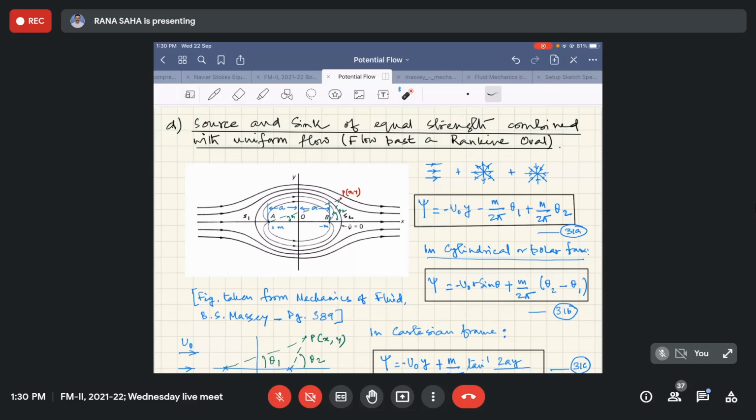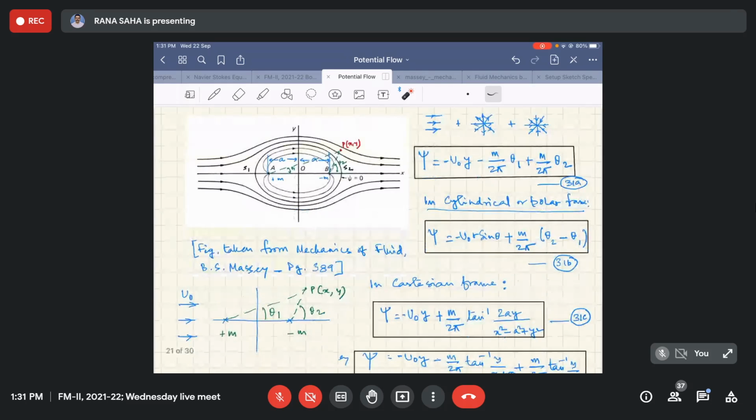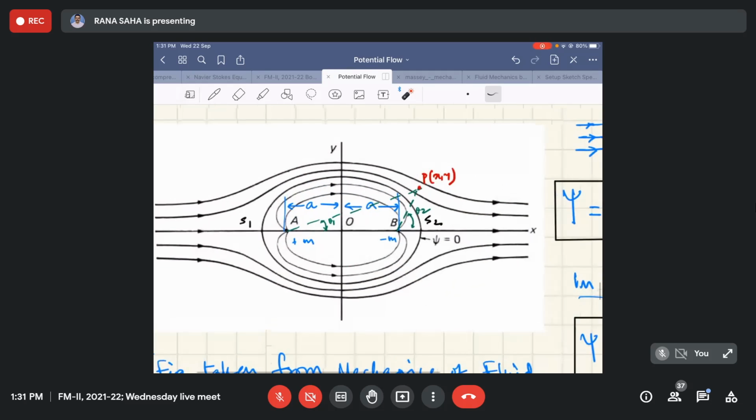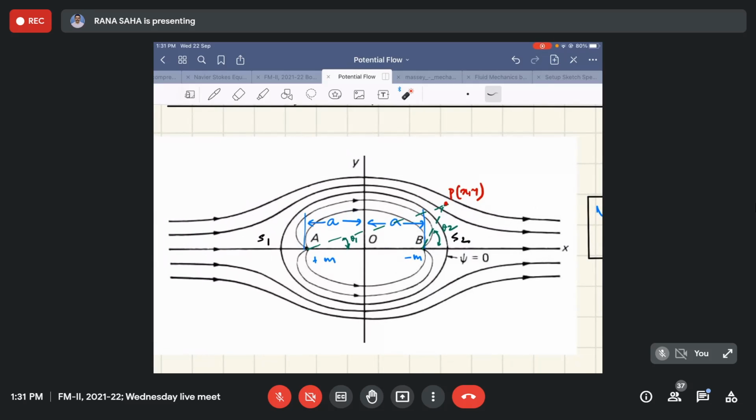And here we have again obtained the stagnation points, which incidentally are now two instead of one. Instead of a half body, here we have S1 and S2 as the two stagnation points, which are symmetrically placed, and both are on the x-axis.